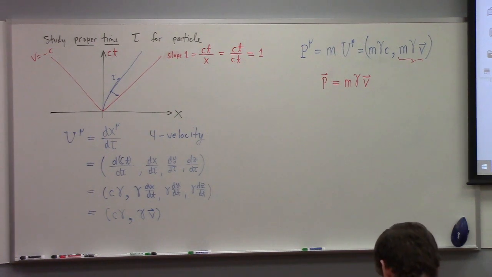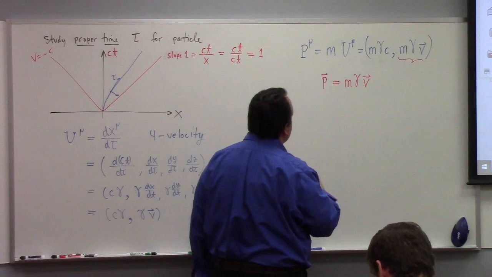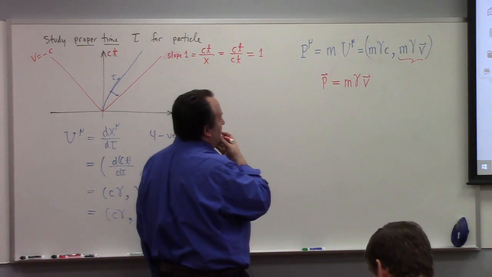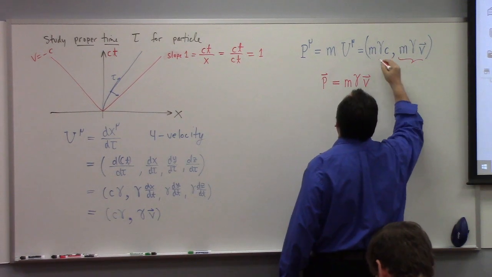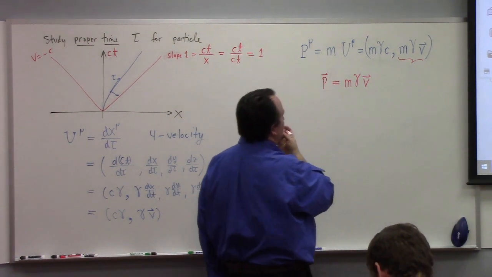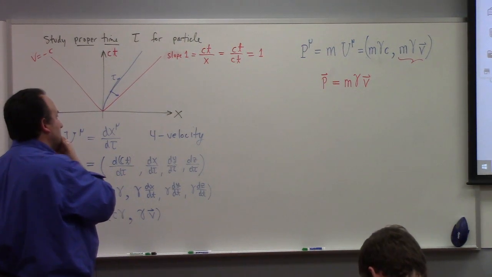Noticing a trend here? You take the regular thing, you multiply by gamma. That's the relativistic version. All right. Now, the zeroth term here is actually very interesting, and man, I feel like that's missing a c squared. There's another c that should be here, and I don't remember why.